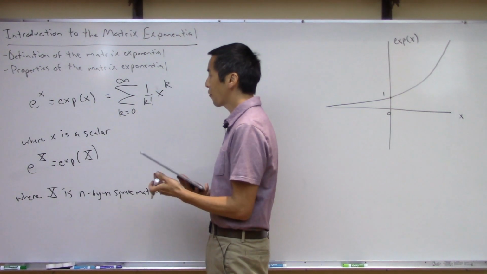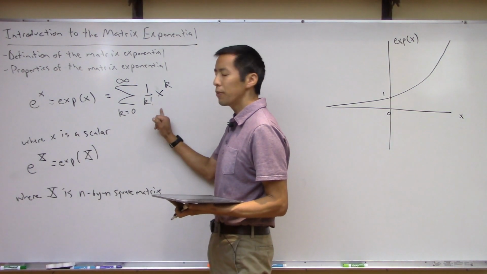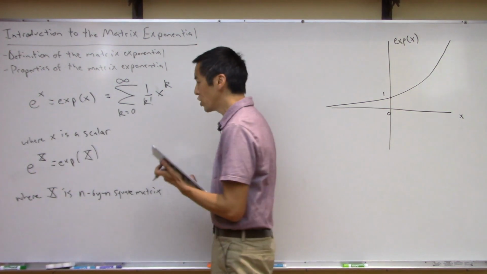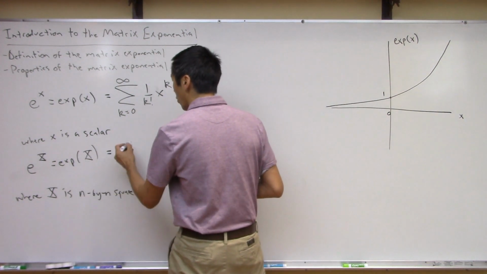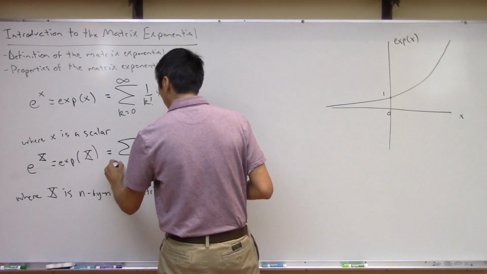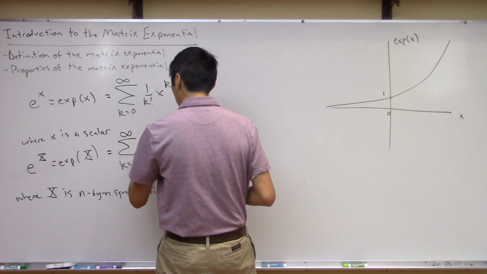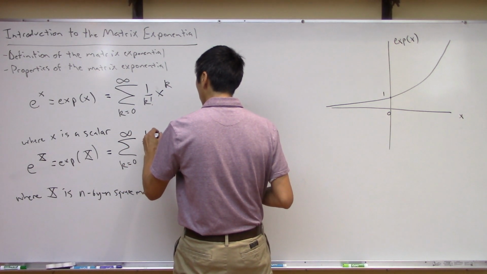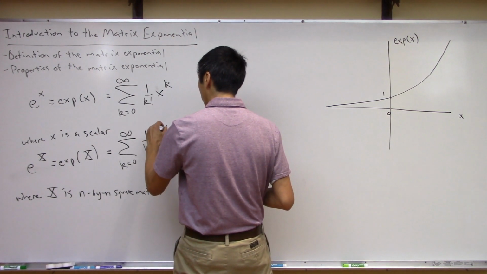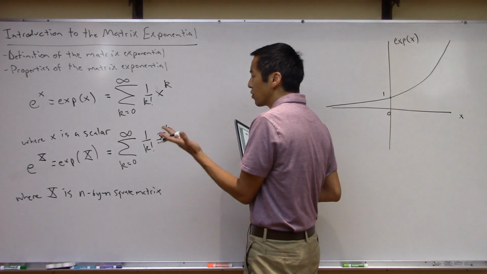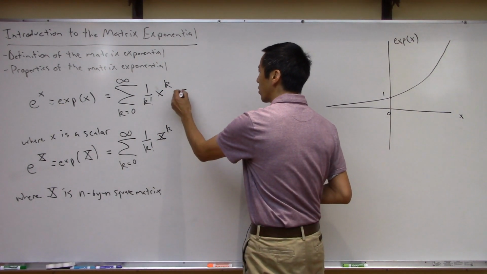Well, luckily for us, the definition follows directly from the normal exponential definition. This is nothing more than an infinite series from k equals 0 to infinity of 1 over k factorial times big X, the matrix X, to the k. So what does that mean? Maybe we should write out a couple of terms. Let's start with the scalar one.